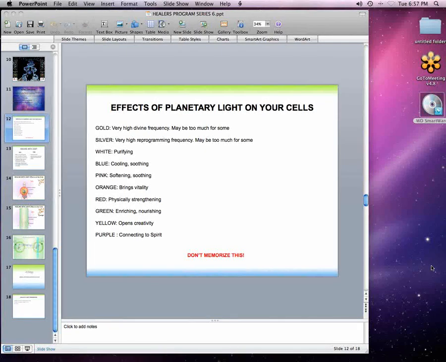Allow every cell to absorb the silver and blue light, and to just transmute what needs to be transmuted. Breathe in, exhale, and open your eyes.